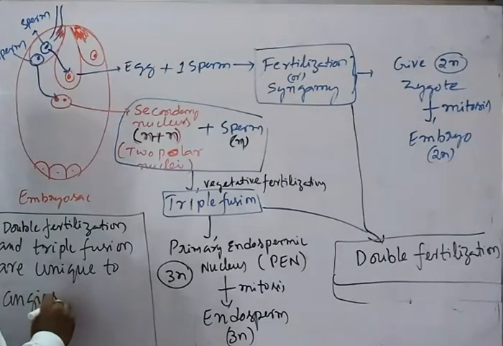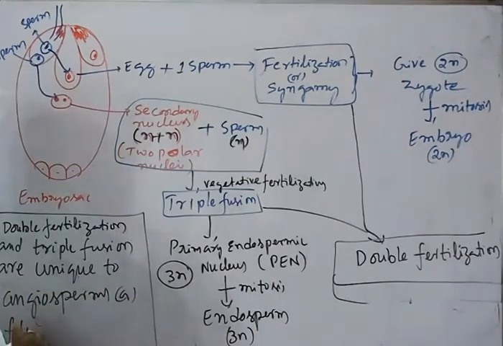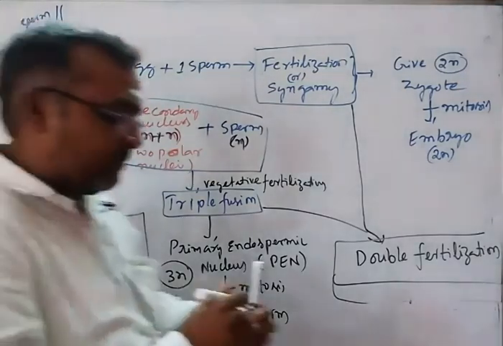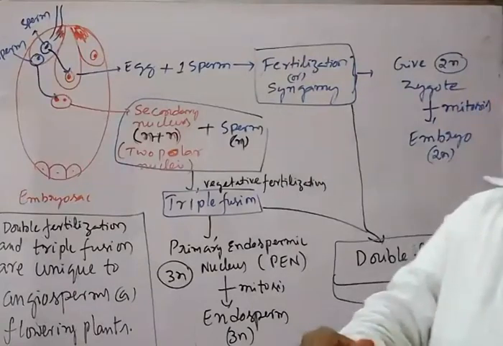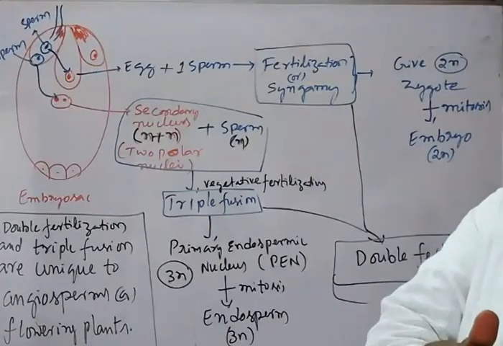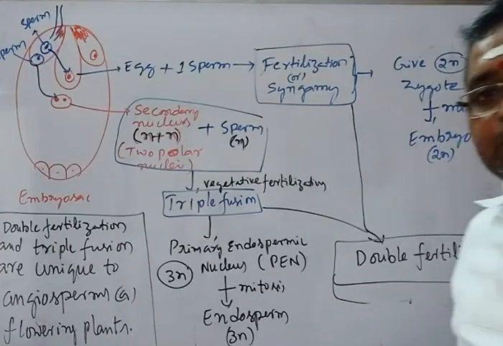Angiosperms are flowering plants. It means this double fertilization is not seen in any other groups of the plant kingdom. Only angiosperms have it. Understood? Is it clear?